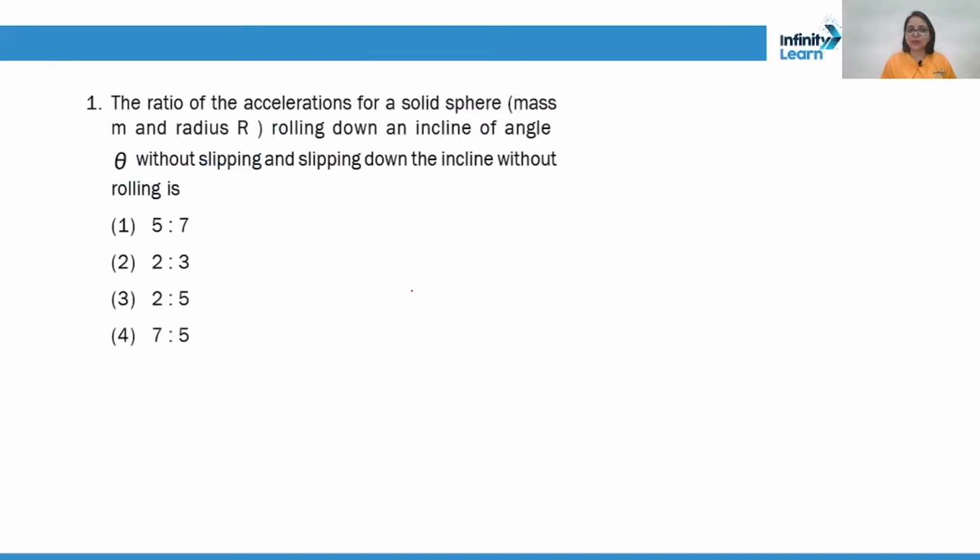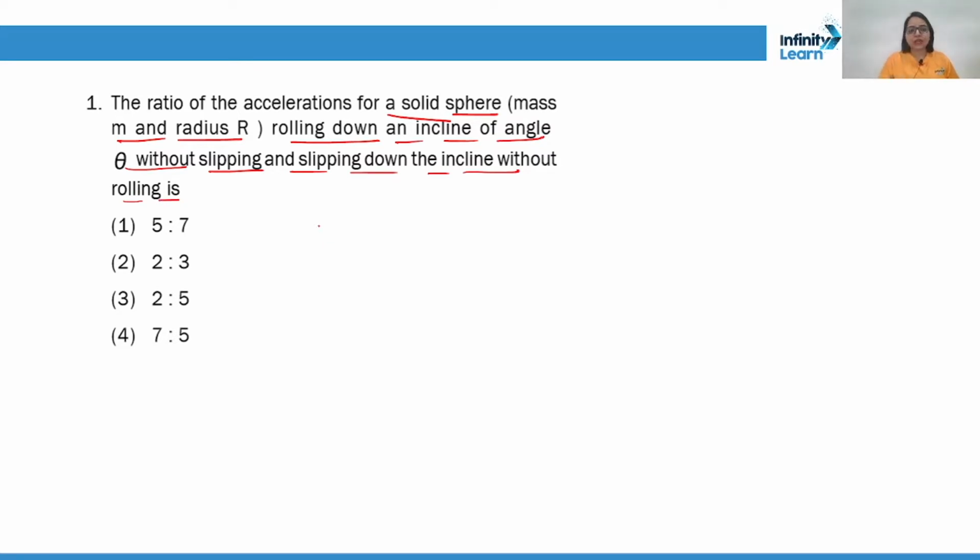So let's start with question number 1. The ratio of accelerations for a solid sphere, mass m and radius r, rolling down an incline of angle theta without slipping, and slipping down the incline without rolling is.